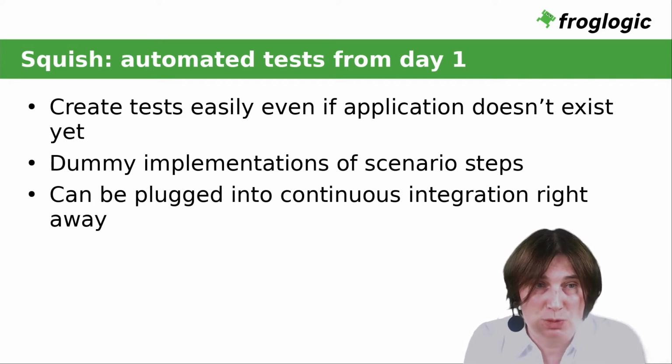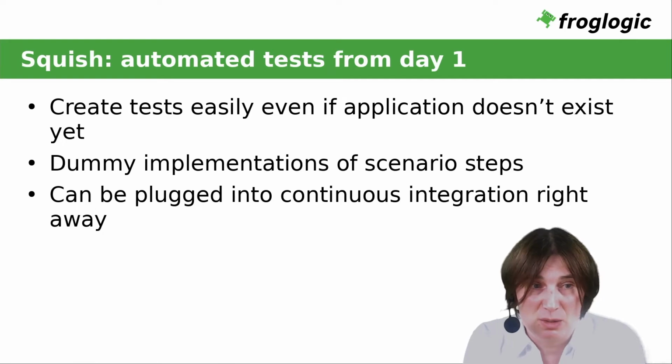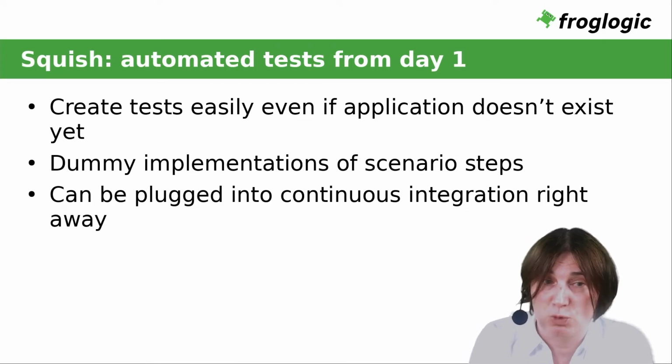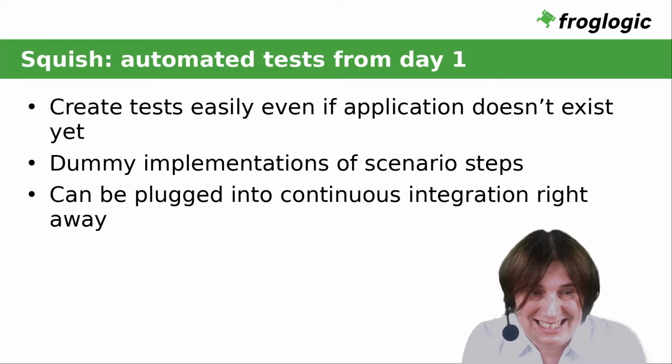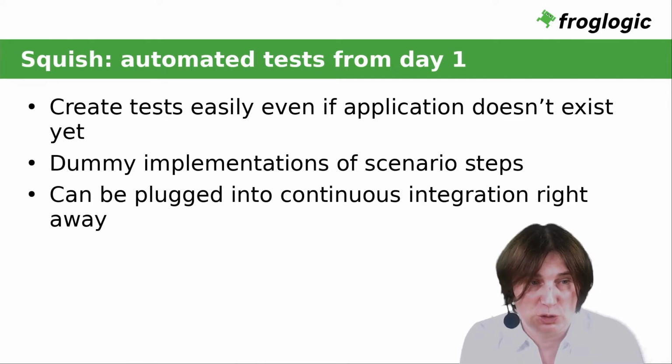And in Squish in particular, you can create tests even if the application doesn't exist yet, because Squish enables you to insert dummy implementations of the scenarios and the steps initially with a few clicks of the mouse or a few keyboard shortcuts, so it can be plugged into continuous integration, for example, right away, without waiting for the code implementing the behavior to be ready.